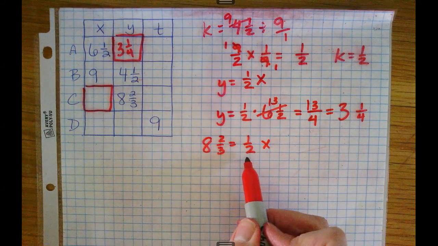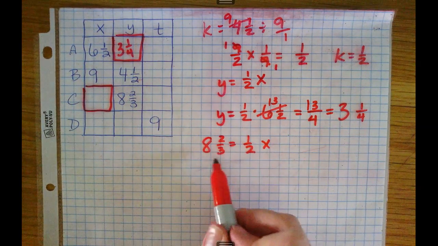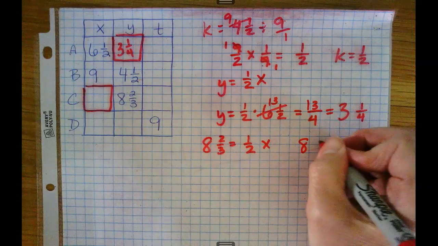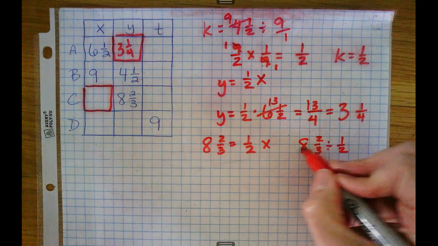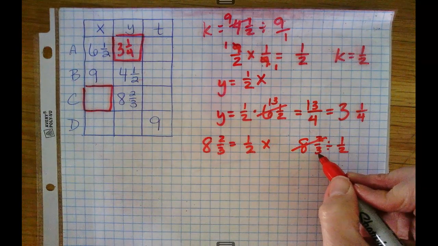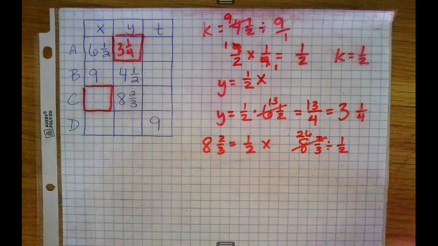So in this case, if I need to get the x by itself, if I need to solve for x, I'm going to divide. 8 2/3 divided by 1/2. Rewrite this as an improper fraction. 3 times 8 is 24, plus 2 is 26 over 3.